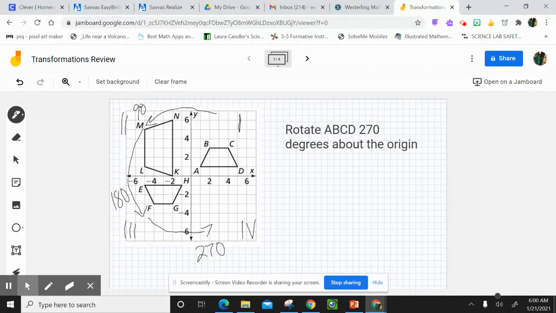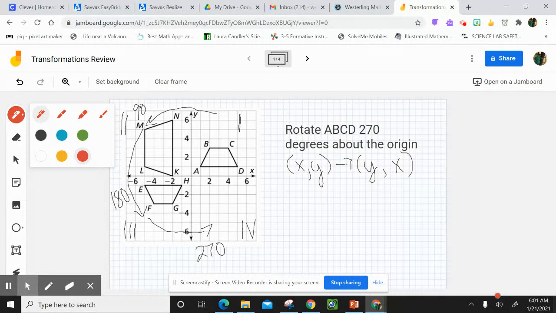What I do know, and if you have your notes when you're taking your test, is that when I go from quadrant 1 to quadrant 4, whatever the value for x is going to pop over in the y, and whatever the value of y is going to come over to the x. If I look at quadrant 4 in particular, I have a positive x and a negative y.